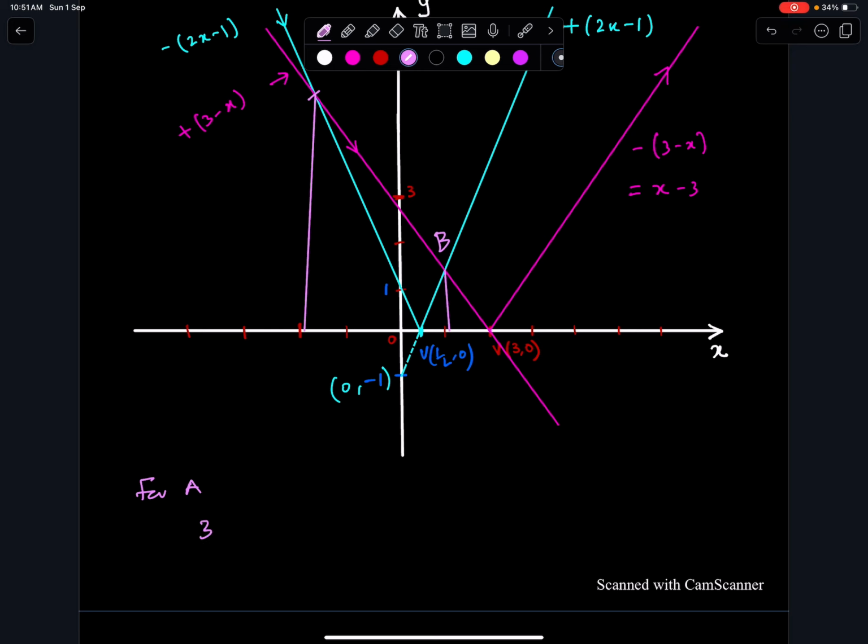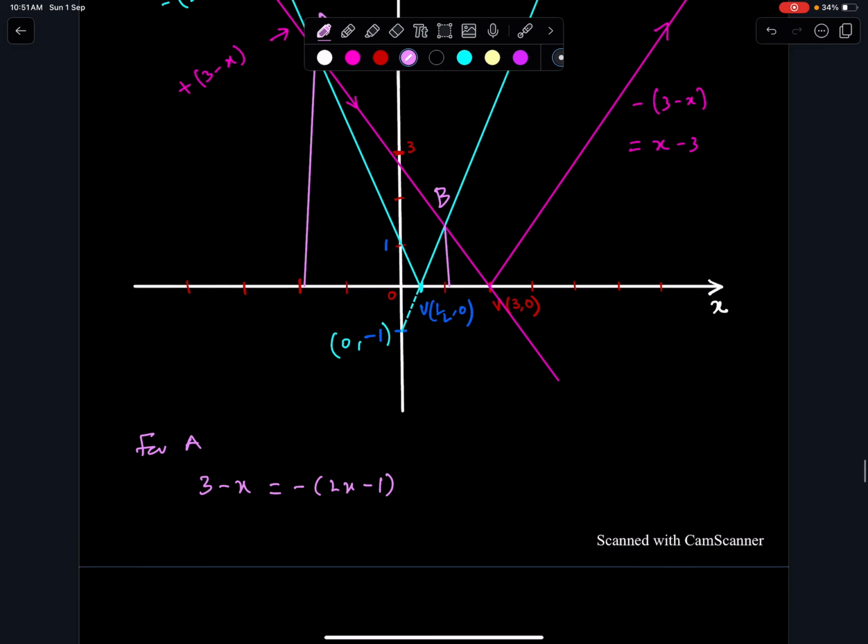So 3 minus x is equal to minus 2x minus 1. When we solve this, we'll get x equals minus 2.